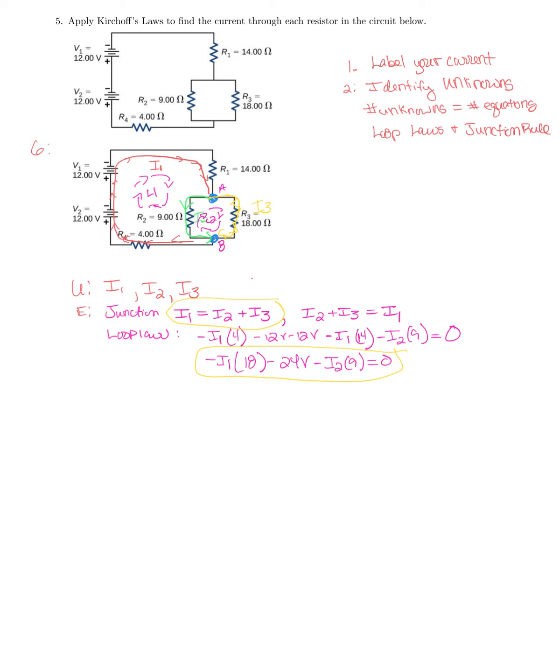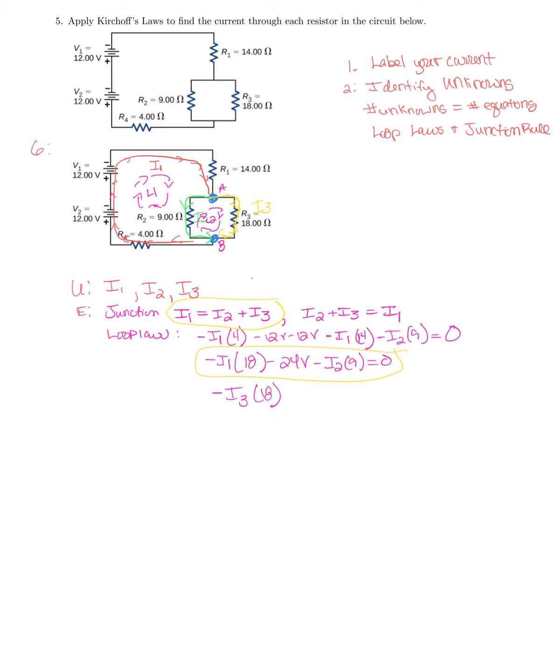Now we can look at the next loop. Let's start right here. It doesn't matter where you start as long as you go along the whole loop. I'm going to go around and come to this first resistor, R3, which has the current I3 going through it. Since it's going in the same direction as our loop, we subtract I3 times 18 ohms resistance.